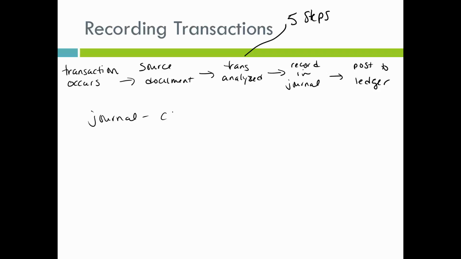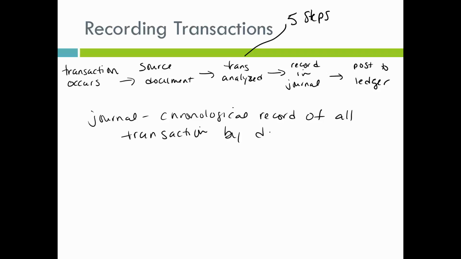The journal is a chronological record of all the transactions, all the activities for this business by date. So it's like a little diary. It just has in chronological order, here's what happened.